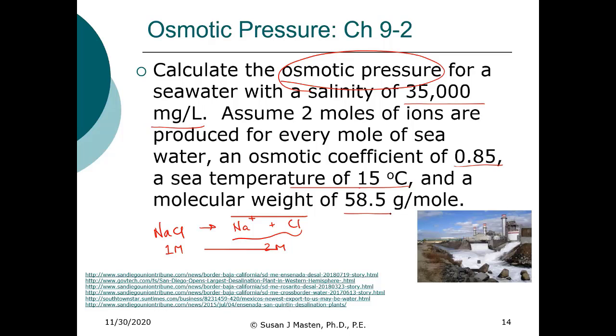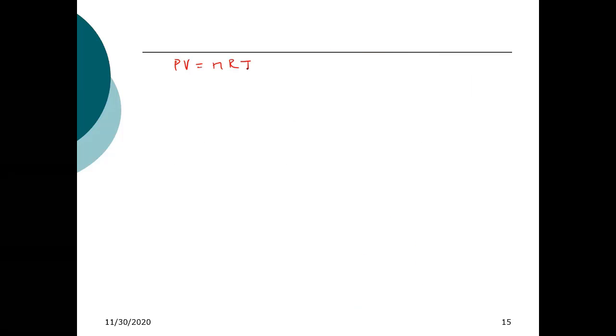So you're asked to calculate the osmotic pressure. The way we do this, we're using the ideal gas law. We take pressure, divide both sides by volume. We have concentration, it's RT. The notation we use for osmotic pressure is pi, and that's equal to i times the osmotic coefficient phi, times the concentration times RT.